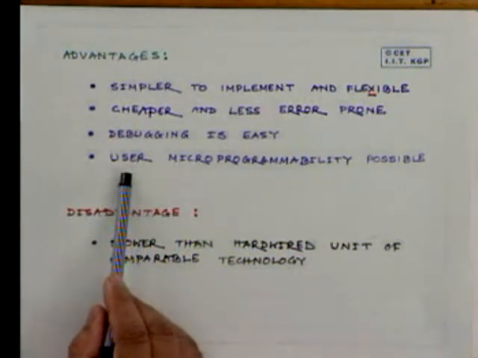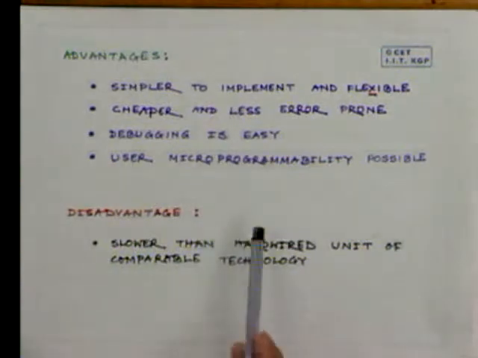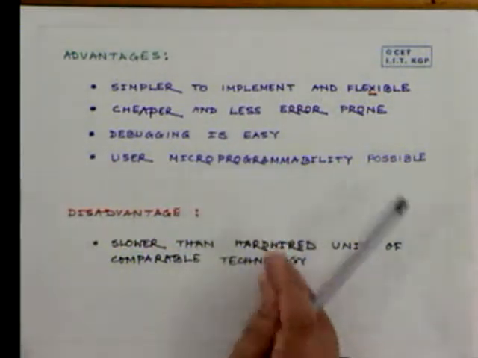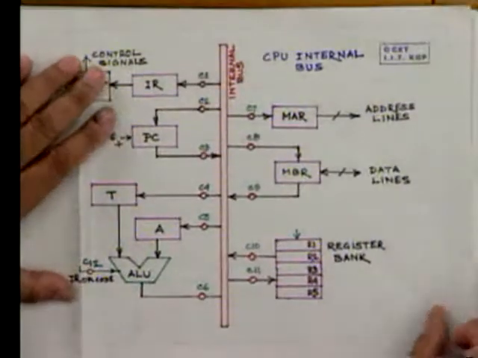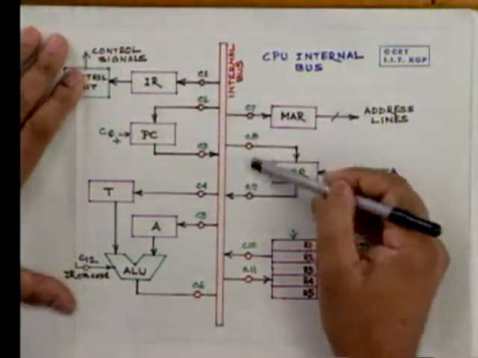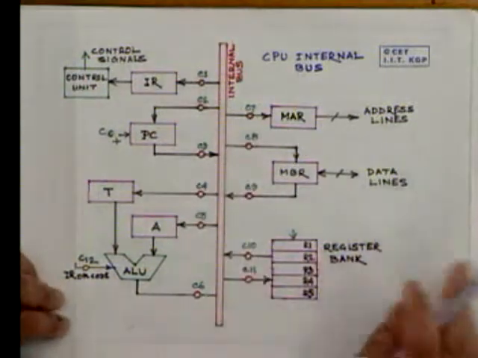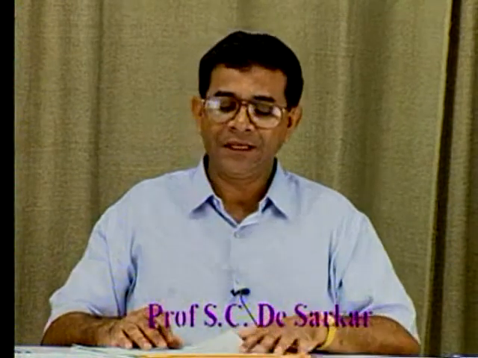Third important point is that user programmability is possible. By that I mean, if we know in a system what the control points are, and the microprogram memory is writable, for example random access microprogram memory, in that case we can write our own microprogram, load it into the writable microprogram memory, and have our own custom tailored machine, right?